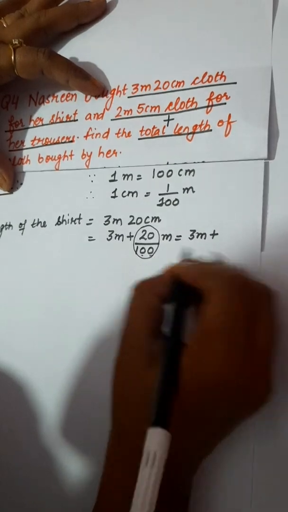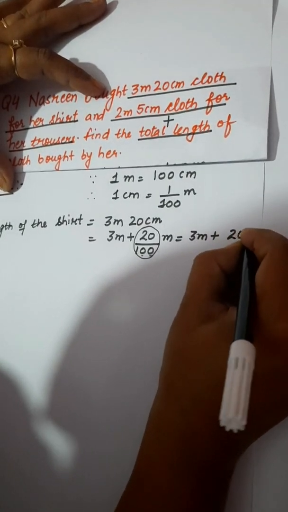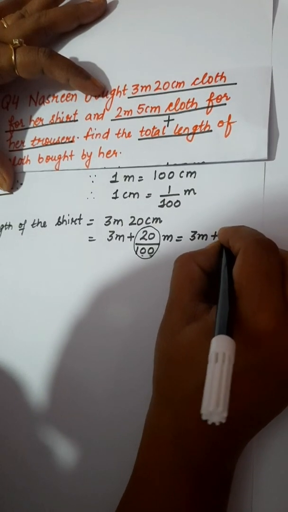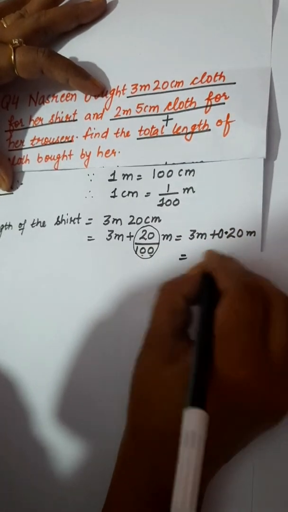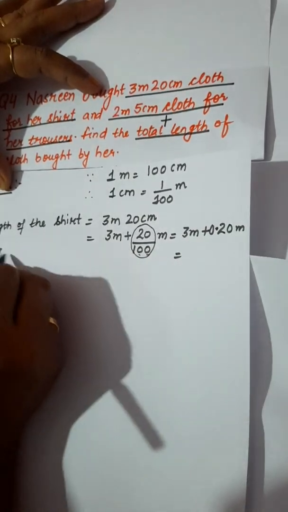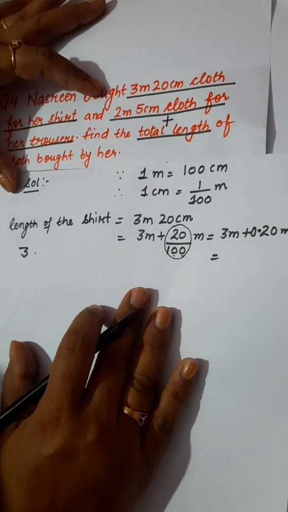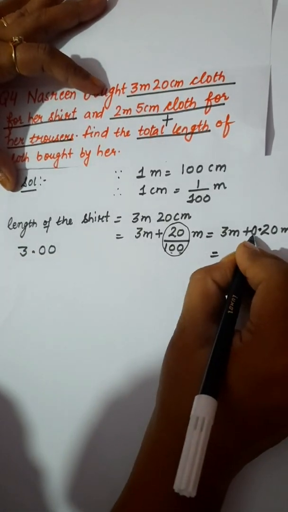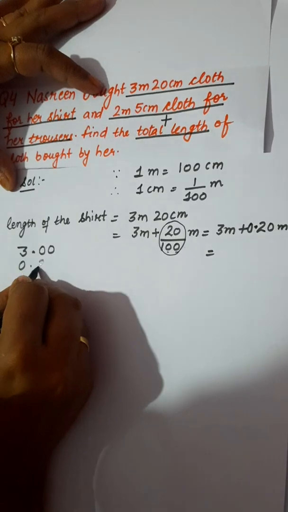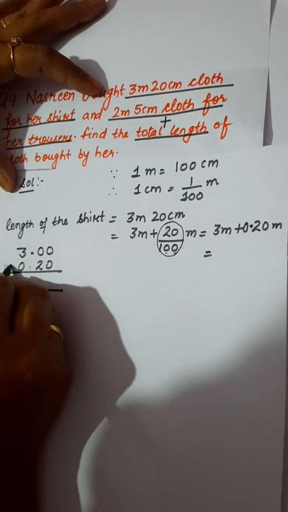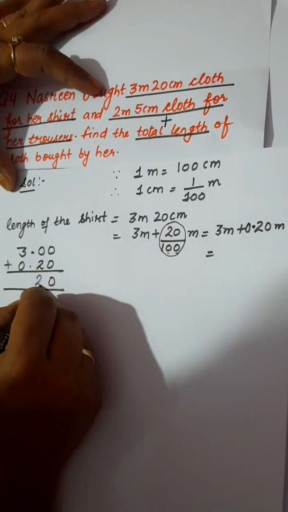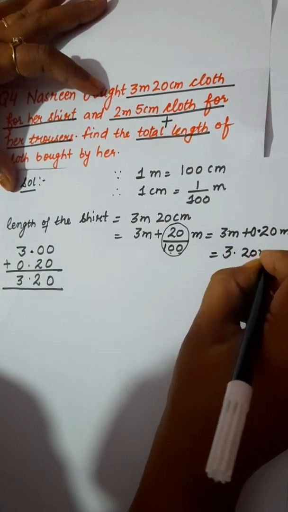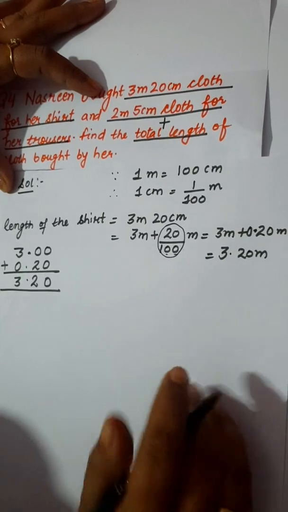As there are 2 zeros in the denominator, I put the decimal before 2 digits. When I add, 3 can be written as 3.00 and 0.20. So you get 3.20 meter, which is the length of the shirt.